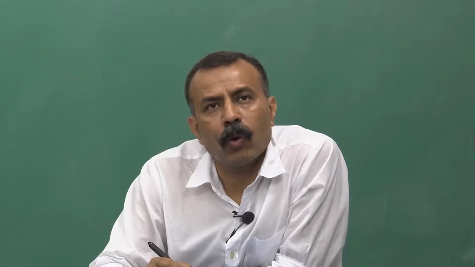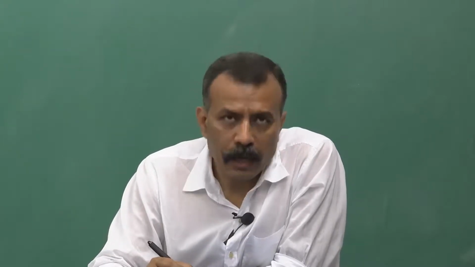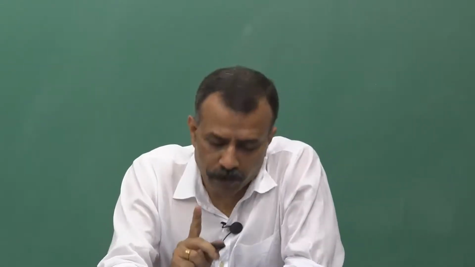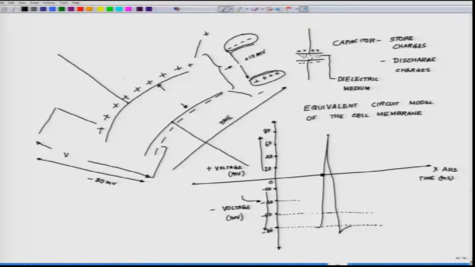That can only happen if, for a very transient period of time, and mark my words very carefully, from this sea of positively charged carriers, a huge population of positively charged carriers drift on this side very transiently.